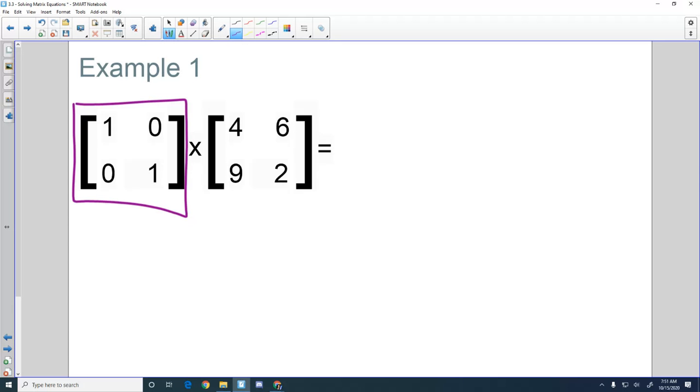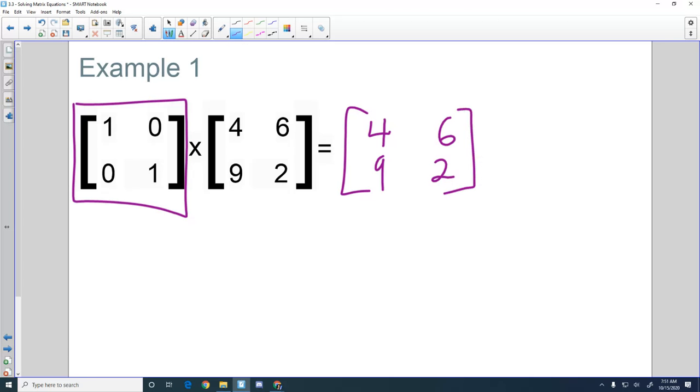So your first little shortcut is if you're multiplying two matrices and you recognize one of them is this identity matrix, guess what? You don't need to take the time multiplying rows and columns. I know that the answer is going to be 4, 6, 9, 2.